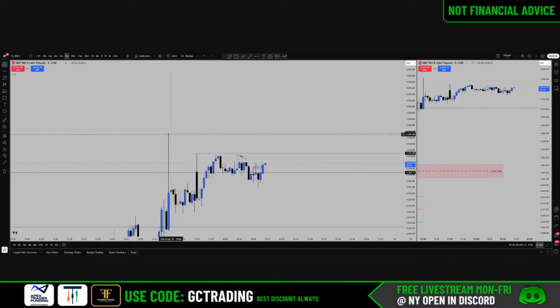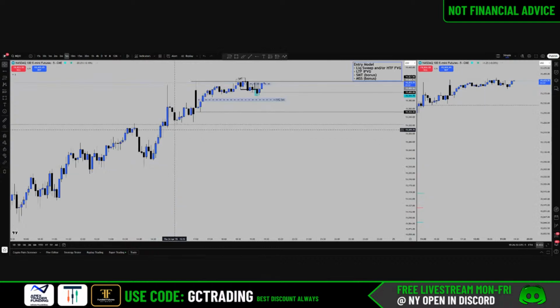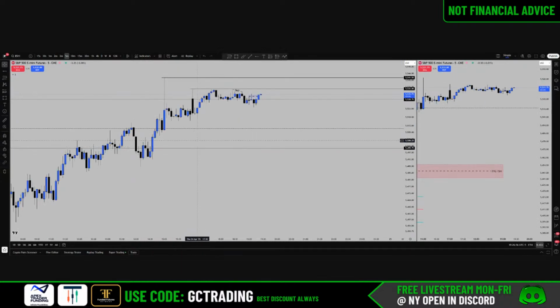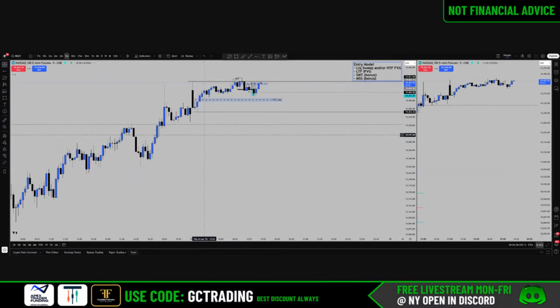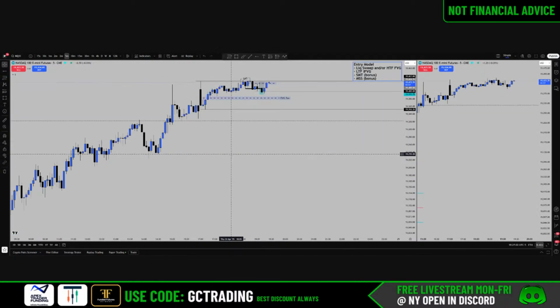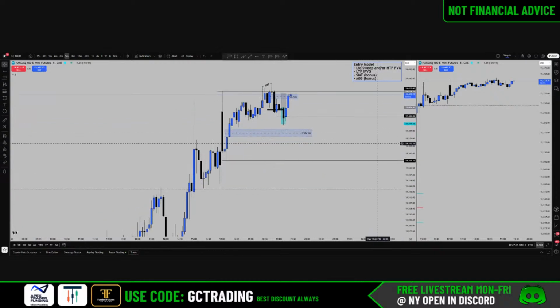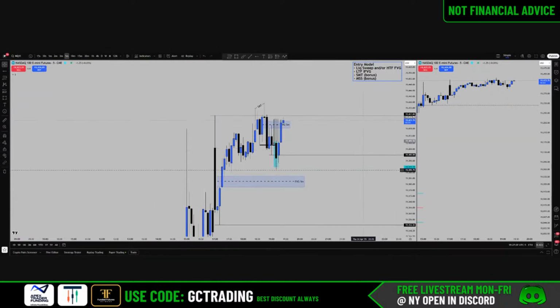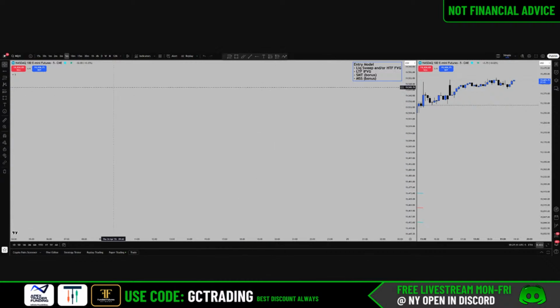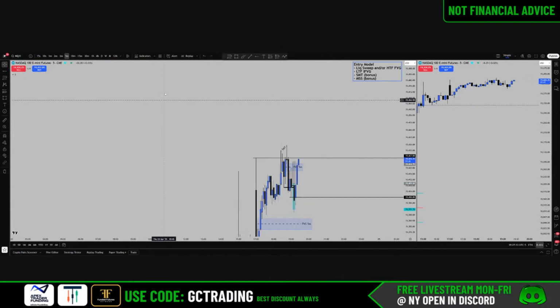I think ES wants to go hit that. NQ already took it out right here. But I think ES wants to hit that, so NQ might just follow. Other than that, it's kind of tough for NQ.